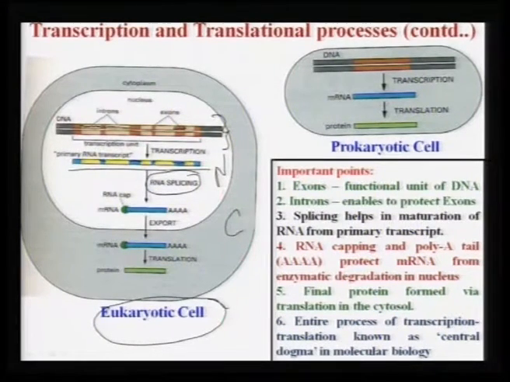Now, what you see here is that mRNAs have 2 things, one is the cap, the mRNA cap, and one is that AAA, that is the poly A tail. Now, why are these 2 things required in the case of the mRNA? The RNA cap actually protects the RNA, and the poly A tail actually protects the entire RNA molecule from degradation.